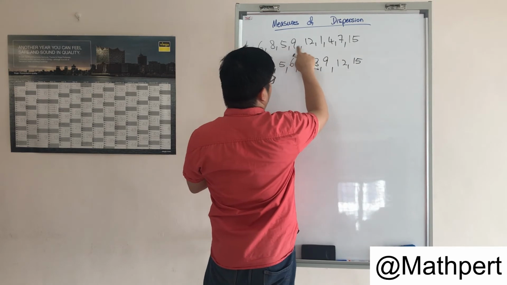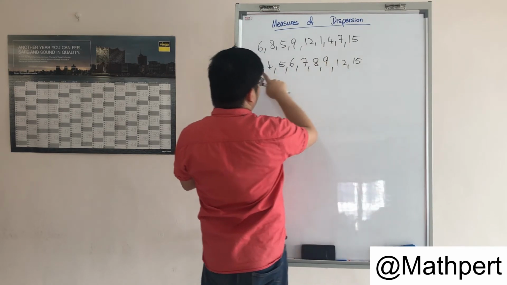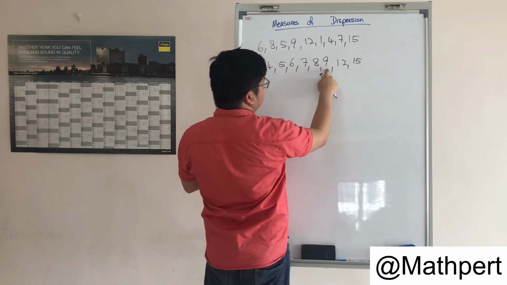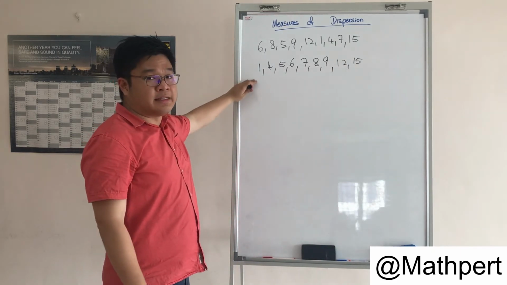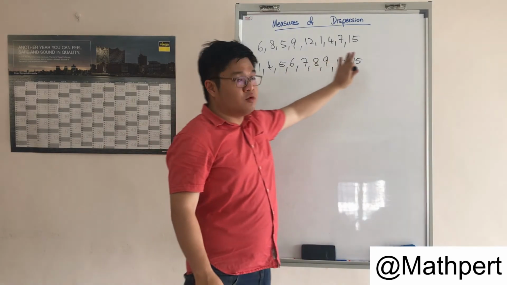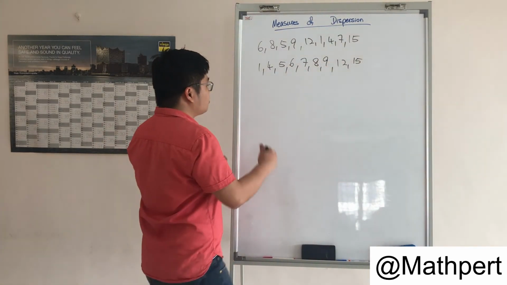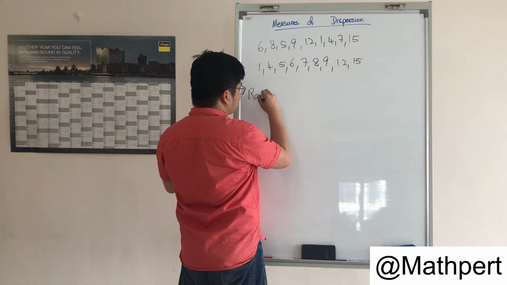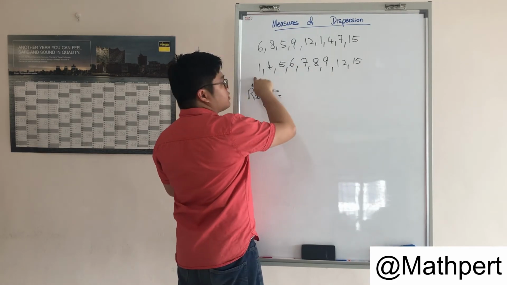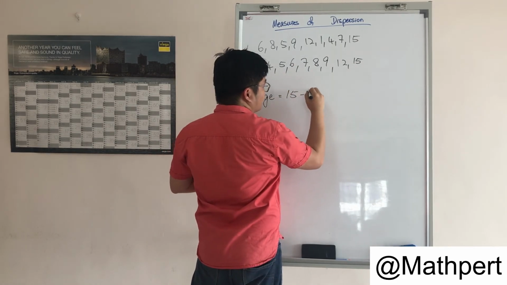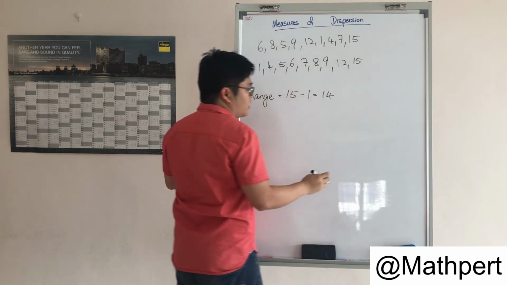Alright? So it is in ascending order, smallest to biggest. So the range will be the largest minus the smallest. 15 minus 1 will be 14.